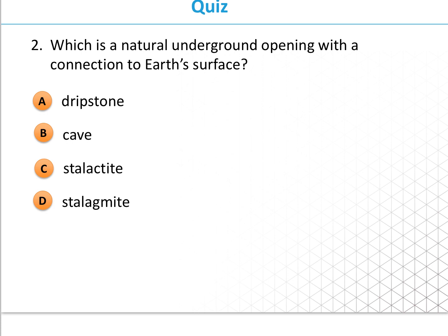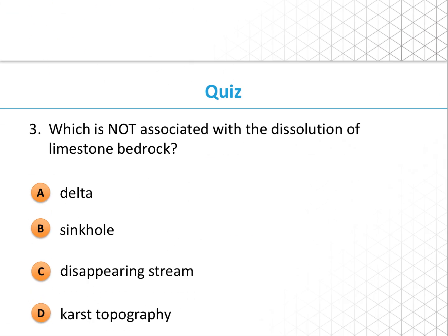Which is a natural underground opening with a connection to Earth's surface? Okay, well, I know it's not stalactite and stalagmites because those are both dripstones. Oh wait, that says dripstone. Process of elimination. Folks, I'll keep modeling that test-taking strategy all year long. As soon as you start using it, your test scores will improve.